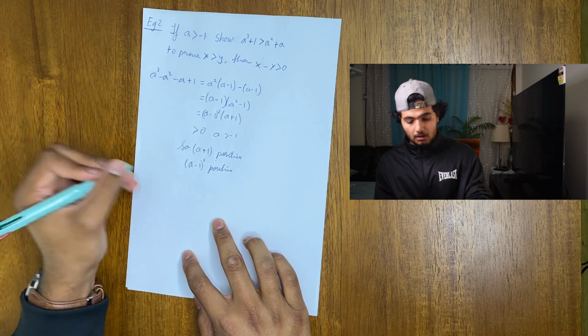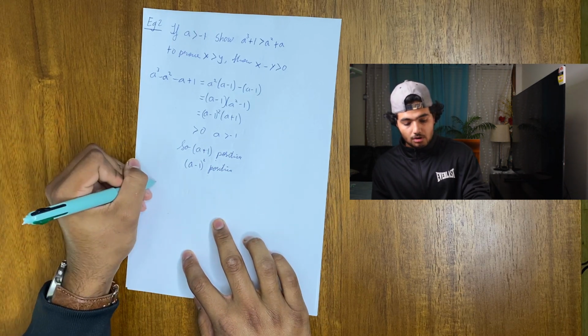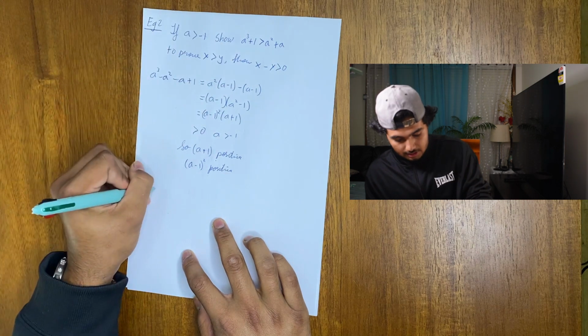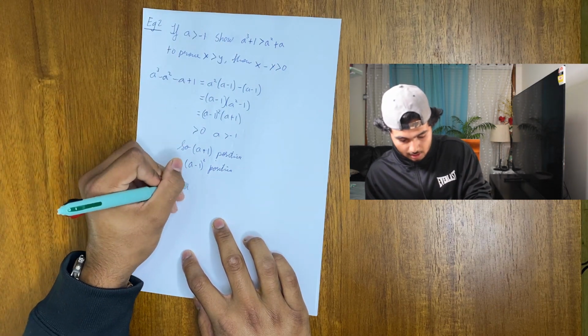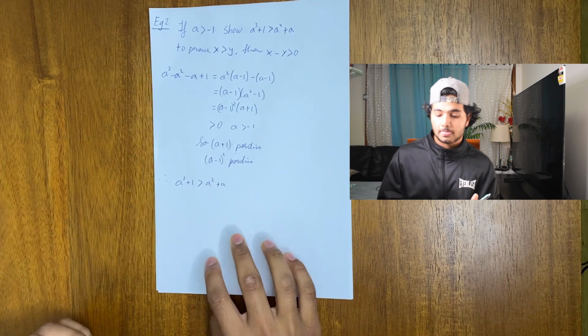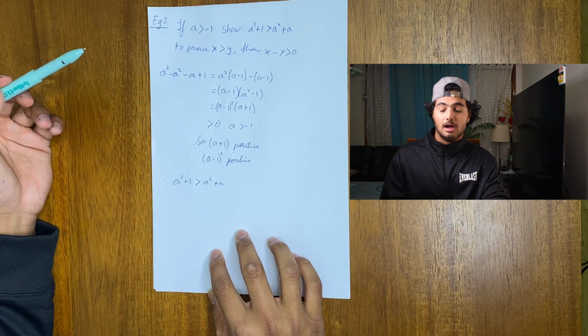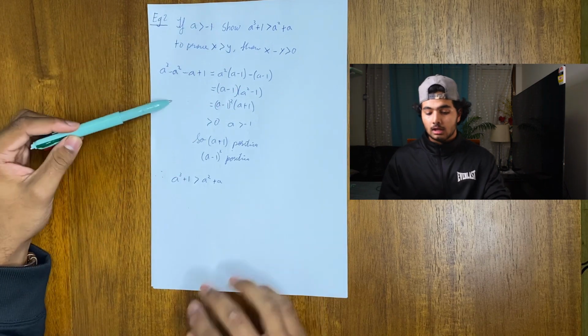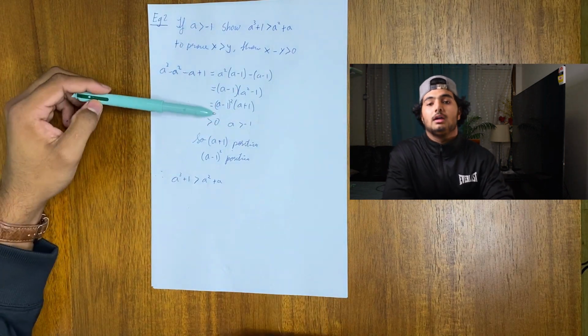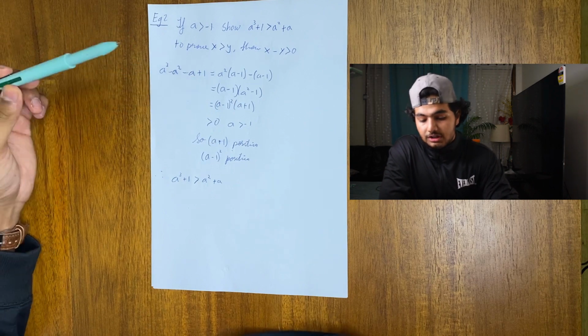So we then know, therefore, this a cubed plus 1 is going to be greater than a squared plus a. A little different method in equating and proving these inequalities, but yeah, that is how you do these two examples.